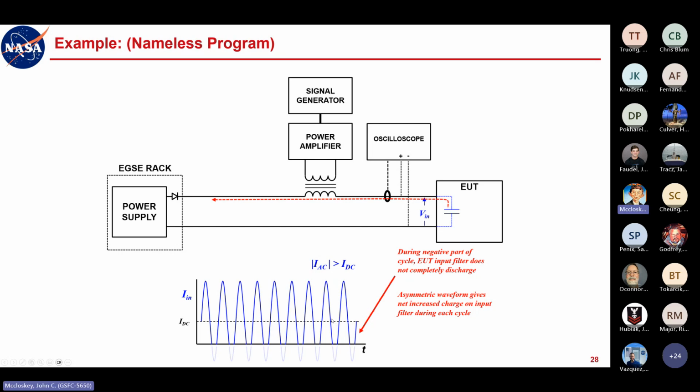So what that means is that on each cycle, there's some net charge that's still on the capacitor. You're not completely discharging it. But with a fully symmetric waveform, you charge, you discharge, and everything is still just riding on that DC level, right? It's still centered on that level.